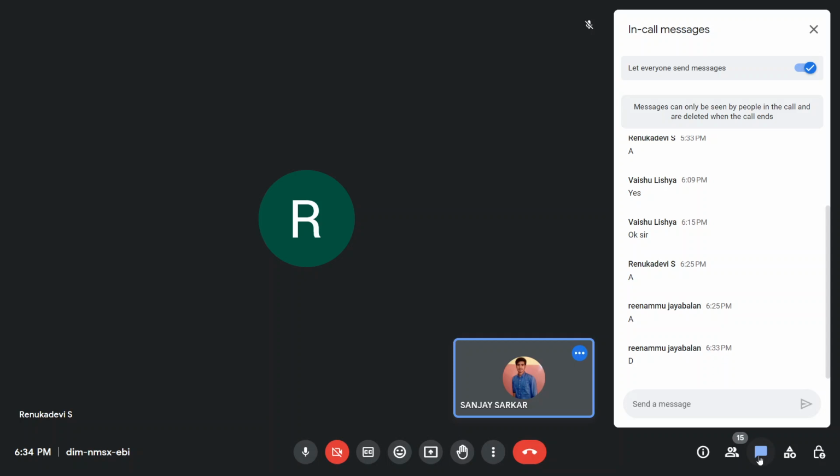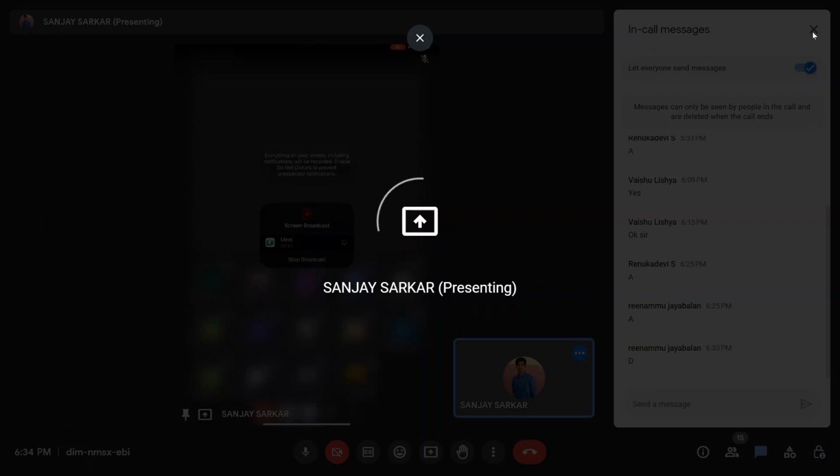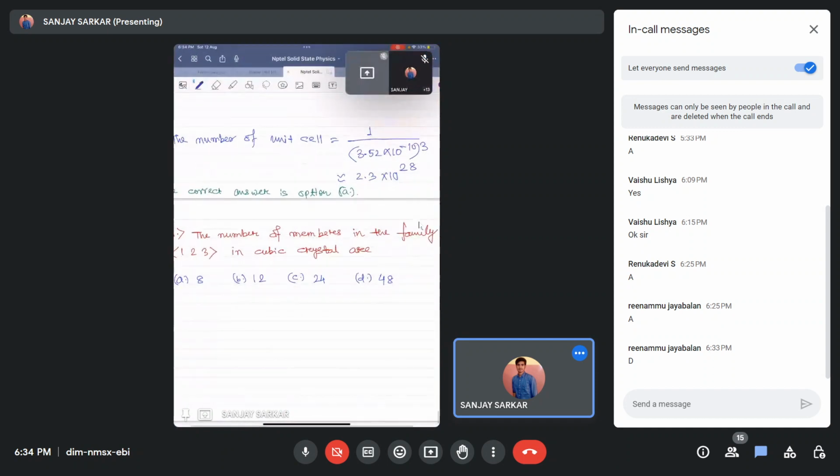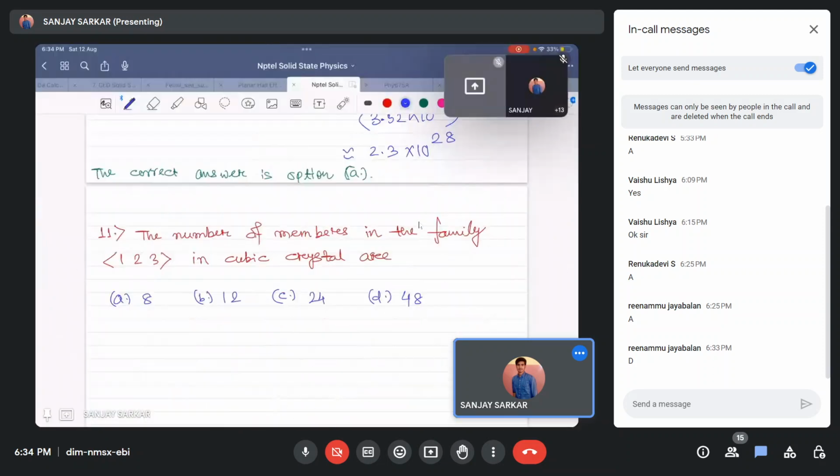Even if you don't want to speak out, you can type in the chat box. Can someone explain how you get 48? Inamu said option D is correct, but you need to explain how you did this.